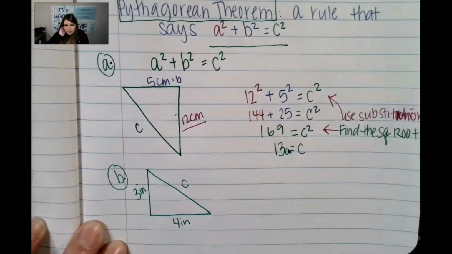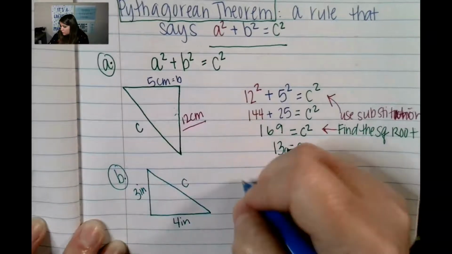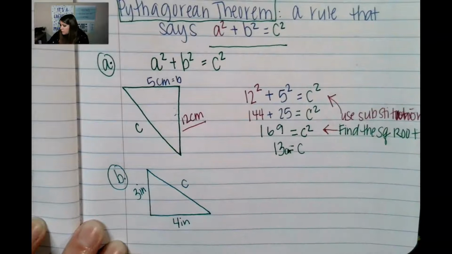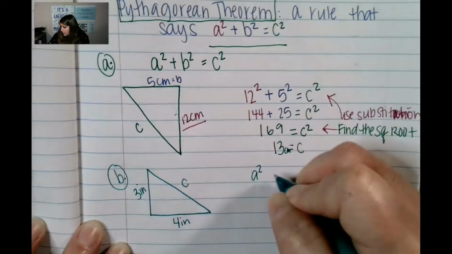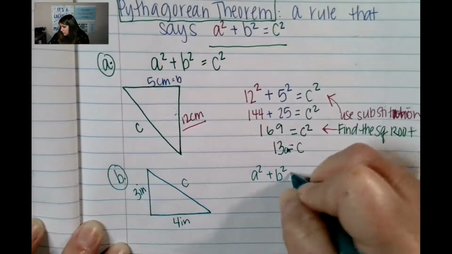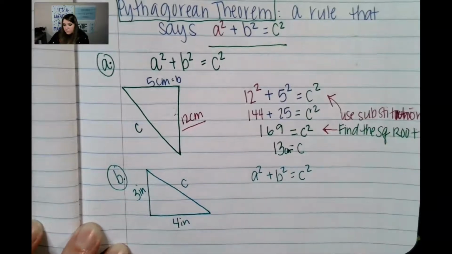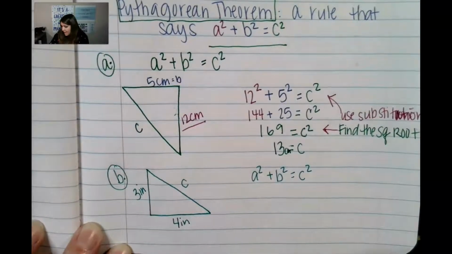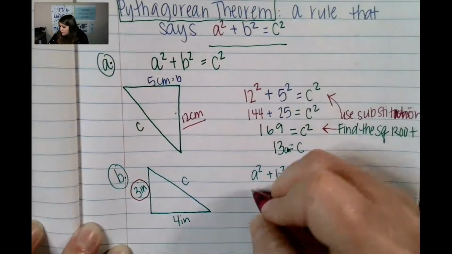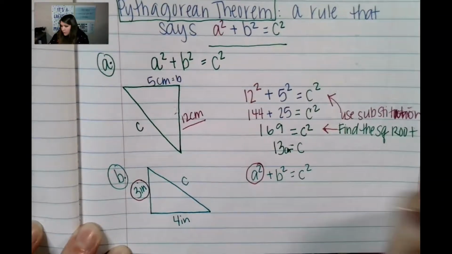Okay, so our job is to, first of all, look at the Pythagorean Theorem so that we can use substitution. So we have a squared plus b squared equals c squared. So our leg A is 3 inches, so we're going to put it in here.